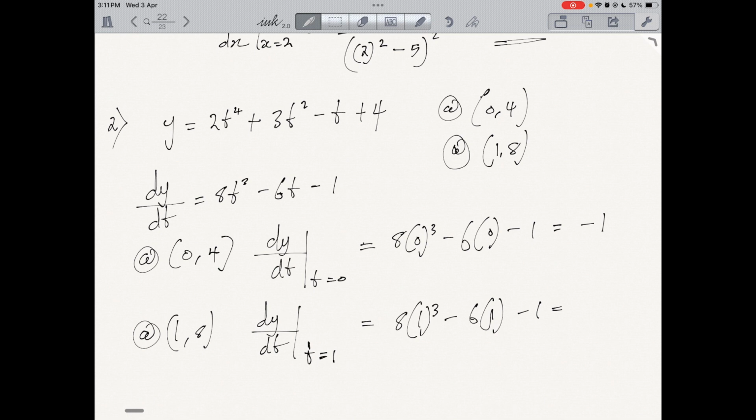And this will give us 8 minus 6 minus 1. It's 2 minus 1, and that will give us 1.